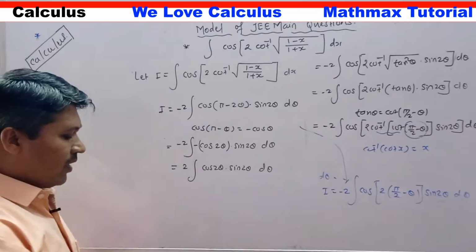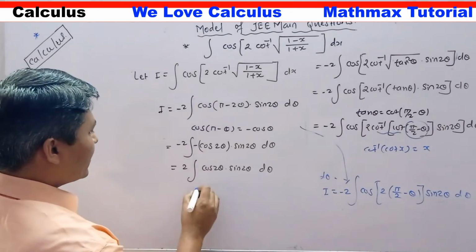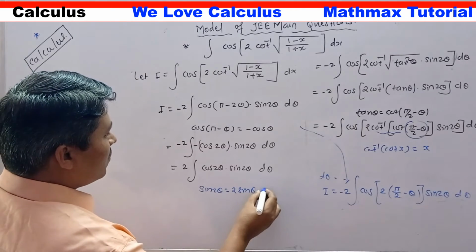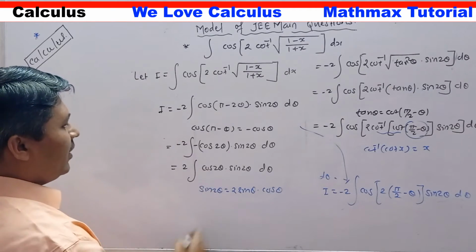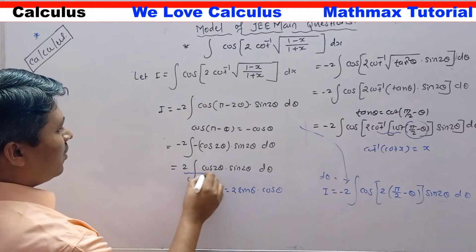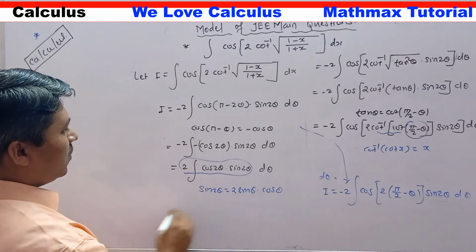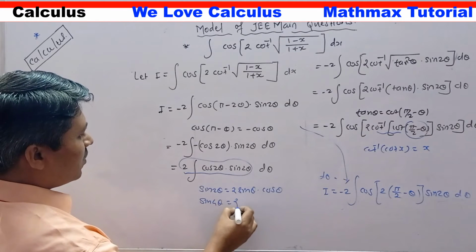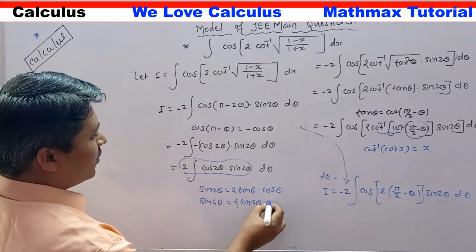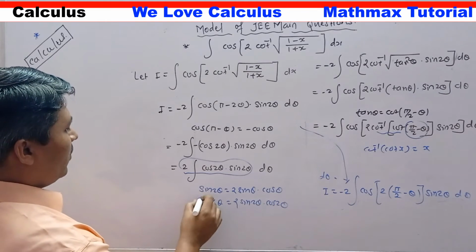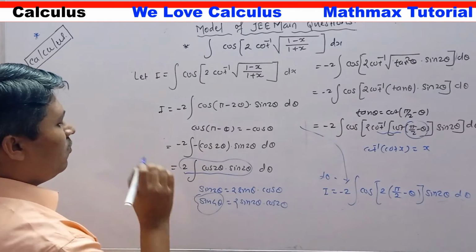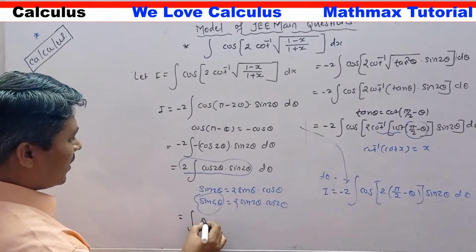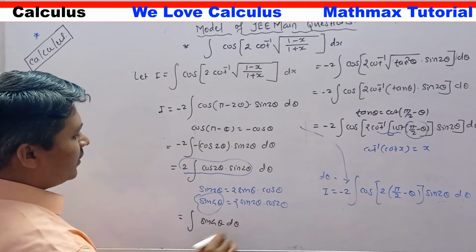We know the formula sin 4 theta equals 2 sin 2 theta cos 2 theta. Therefore we can write the integration of sin 4 theta d theta.